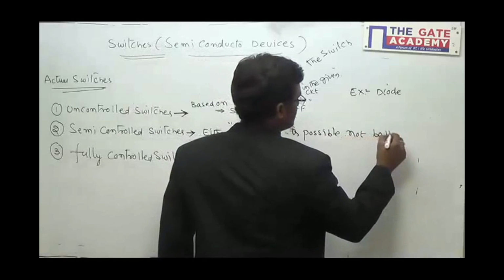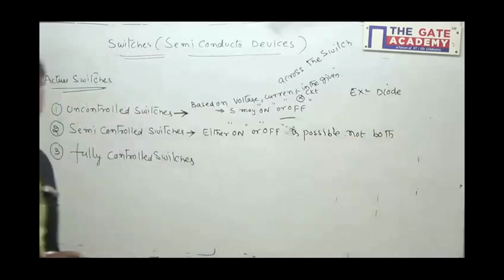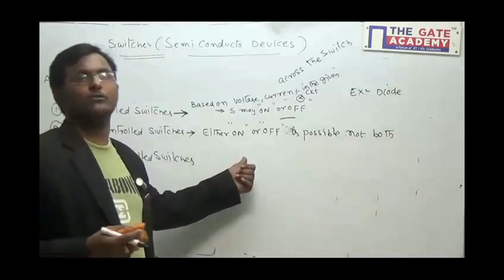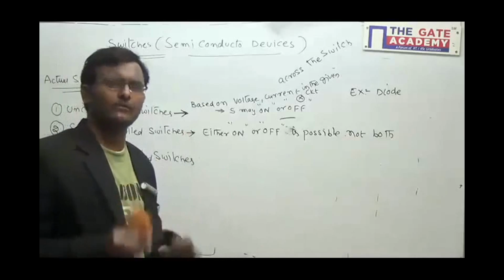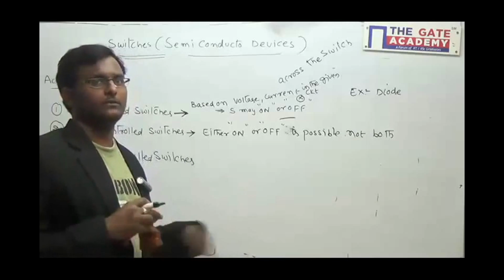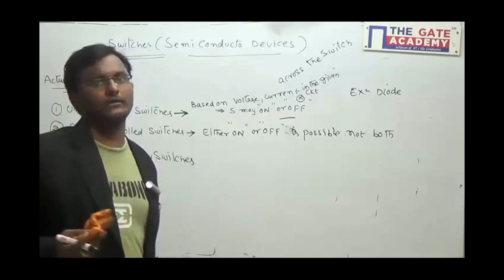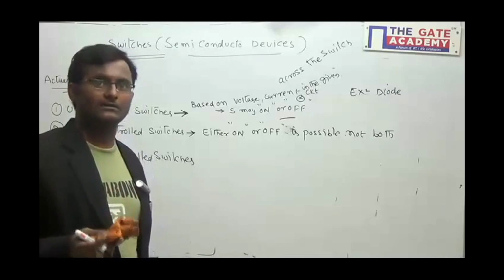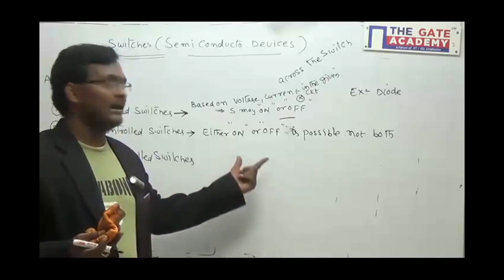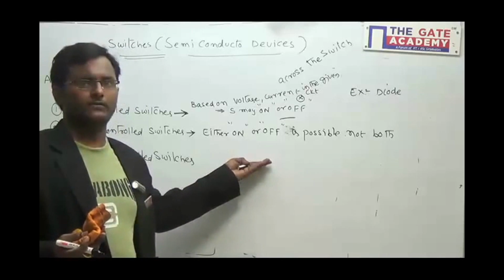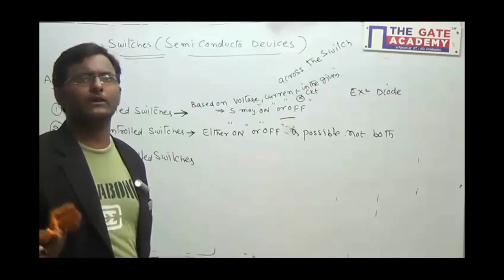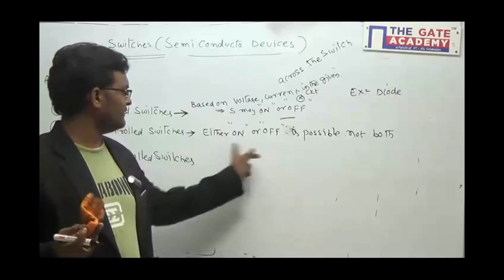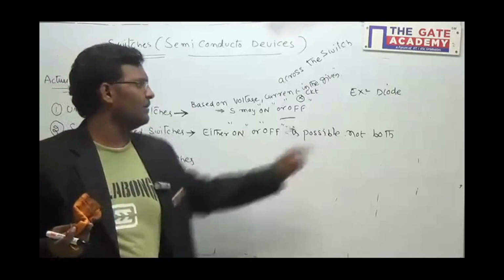That means I may have control over the switch just to switch on. Whenever I want to switch on, I will switch on. But once switched on, I cannot switch it off. Or in some cases, I can switch off whenever I want, but I cannot switch on whenever I want. So in that kind of switch, either on or off is possible, not both.